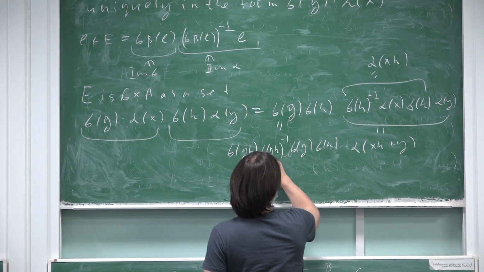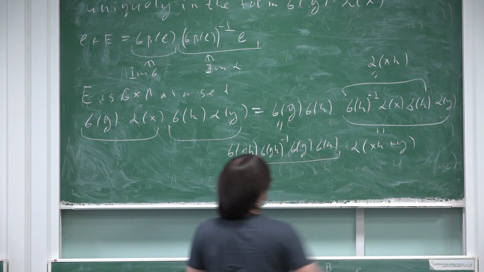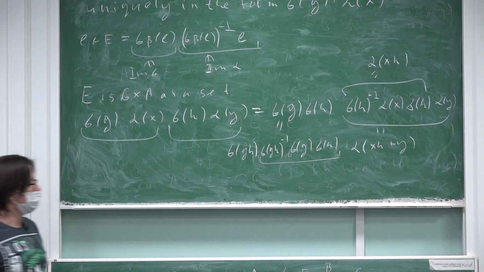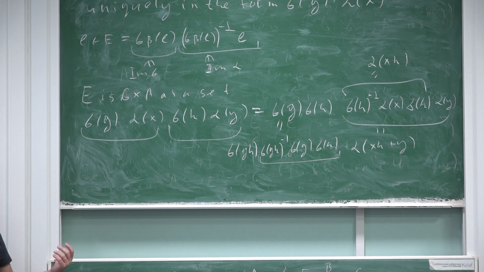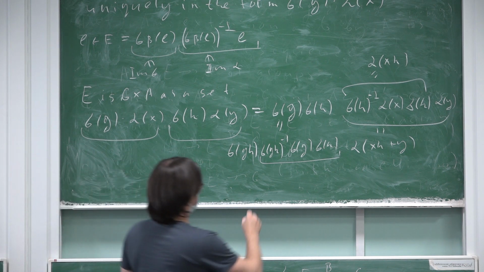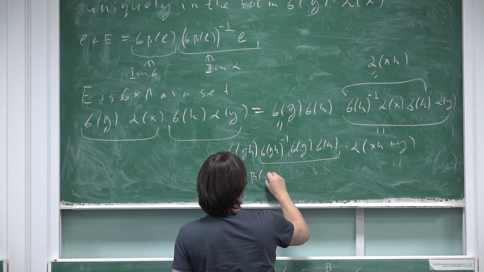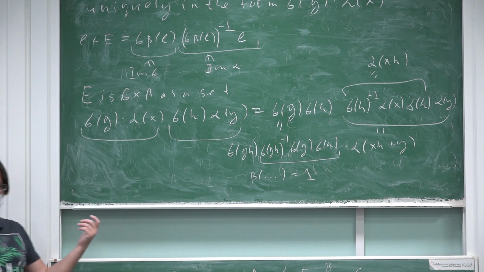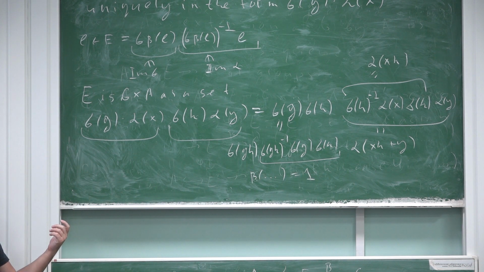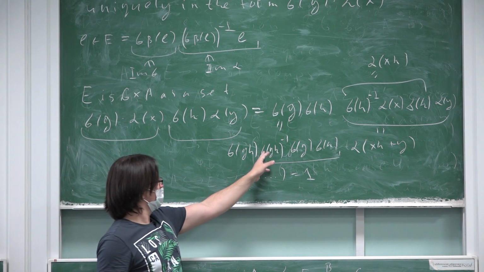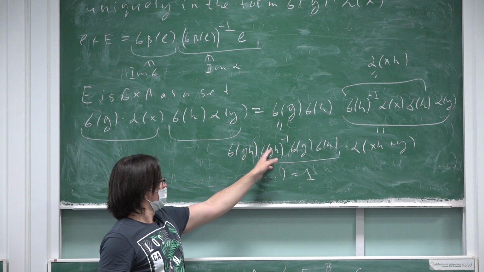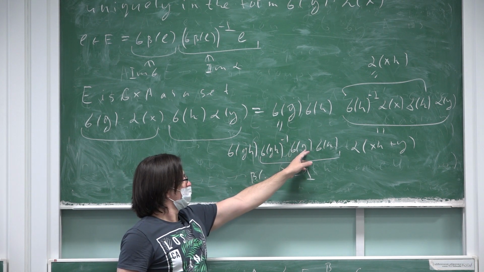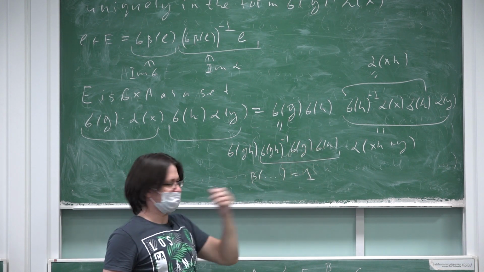And if we look at this and apply beta to it, we will get 1, because beta sigma is identity. We apply beta, we get gh inverse, gh, and it's 1.